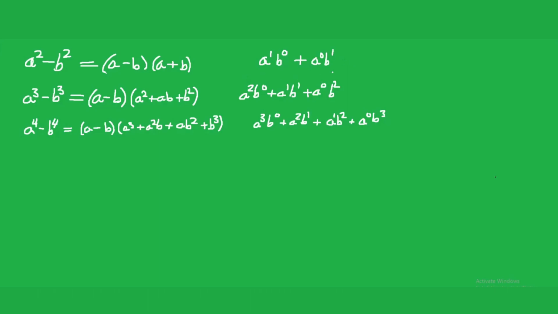Now, since we have this a minus b here, this can be expressed as a minus b times a to the n minus 1 times b to the, well, I guess it starts at 0, right?